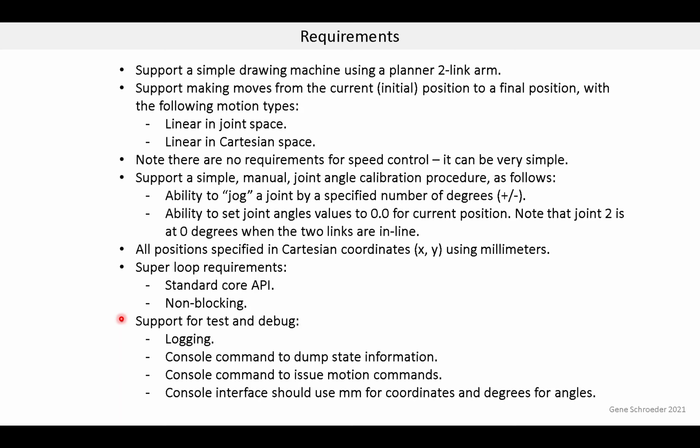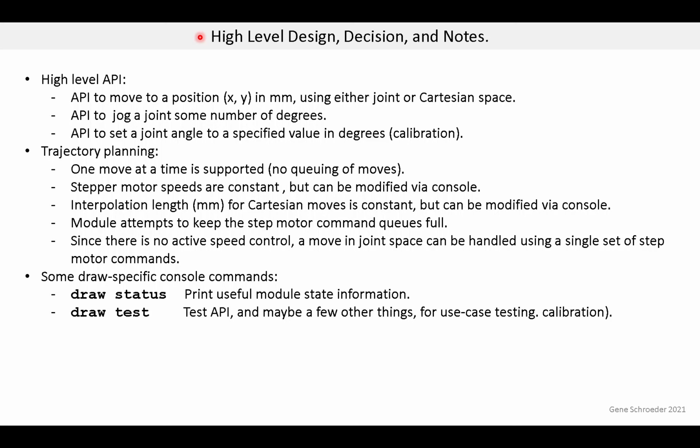Of course, console commands are critically important for this module because that's how we demo the machine. And then I have this requirement down here that the console interface should use millimeters for coordinates and degrees for angles. Internally, we use radians for angles because most math functions are based on radians, but people tend to think of degrees.